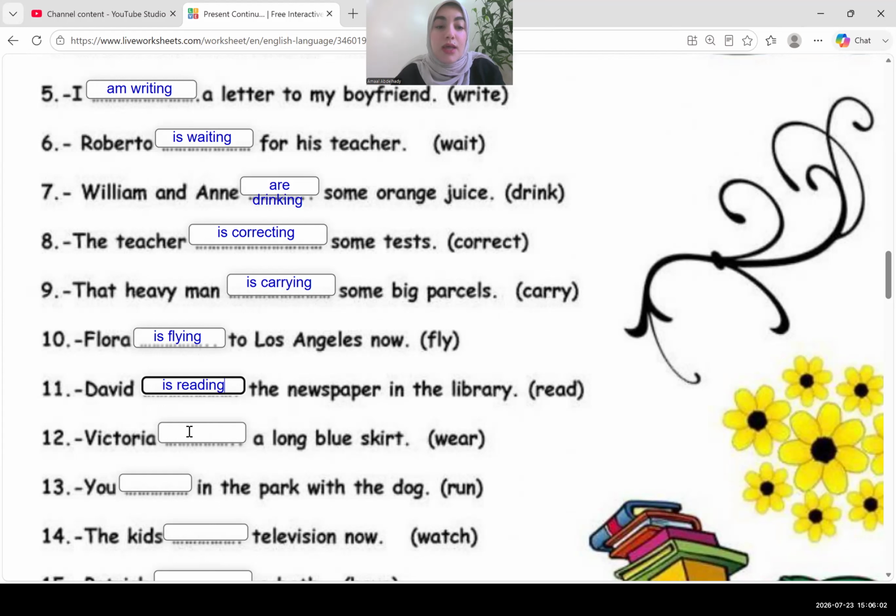Victoria is a singular noun, so it must take is wearing. Amazing. You are running in the park with the dog. You must take are plus the verb, or we should add the verb in ing. So you are running. And don't forget to double the last consonant.